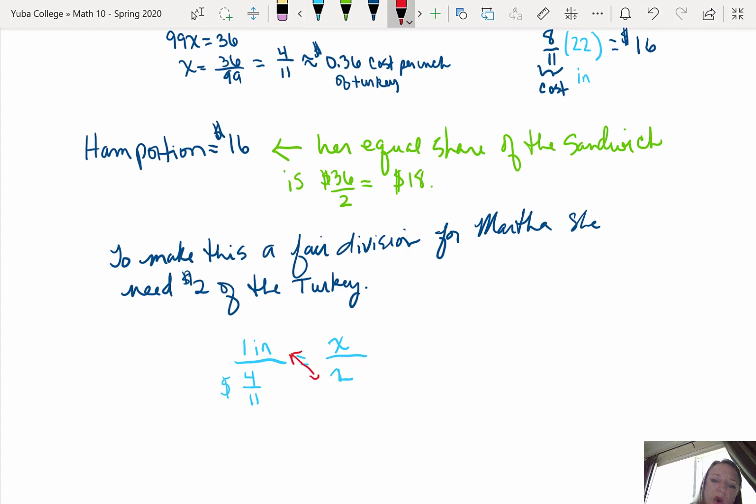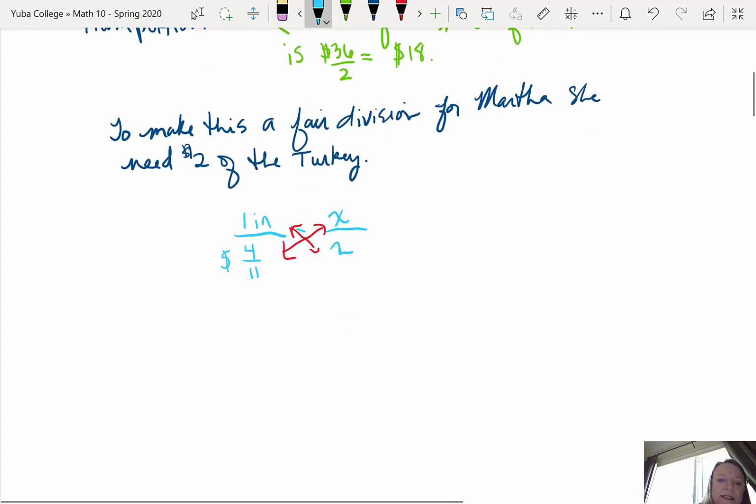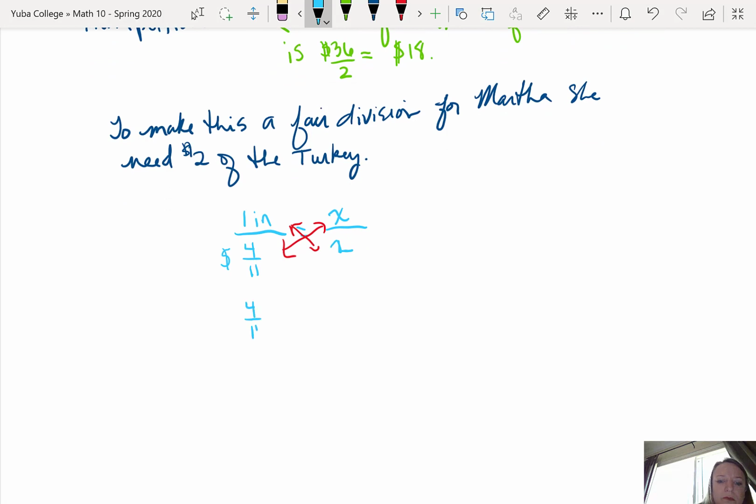We can use the cross product to solve. And so we have 4/11 times X, so this is 4/11 X is equal to 2 times 1, which is 2. We can multiply both sides by 11/4.